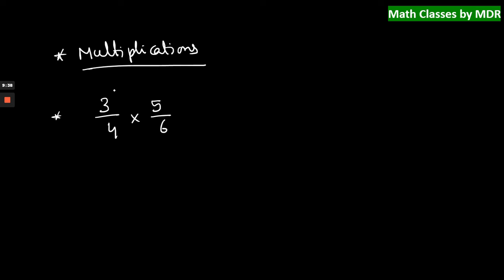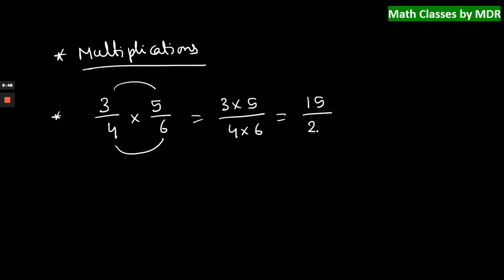Just multiply the numerators and multiply the denominators. That's it. 3 into 5 by 4 into 6. Simple. 15 by 24. You can cut here 5 and this is 6. So that 5 by 8.